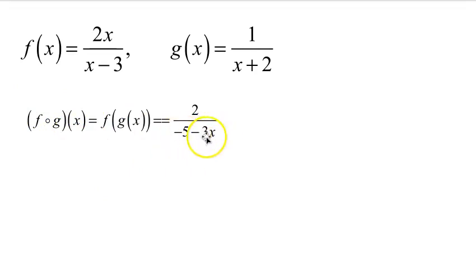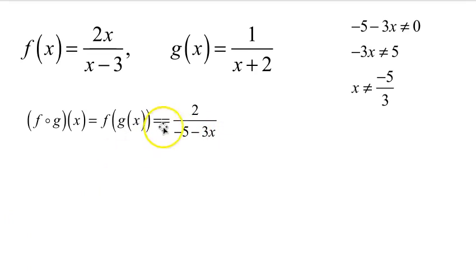Now you may think all you've got to do is throw out the value when this is 0. Well, let's find that. Negative 5 minus 3x cannot be 0. Adding 5 to both sides, negative 3x cannot be 5. X cannot be negative 5/3. So you may think that's the only thing we have to throw out to get the domain of f circle g, but not quite right.